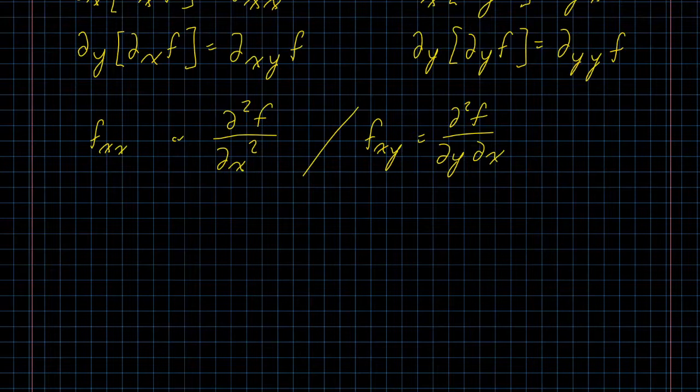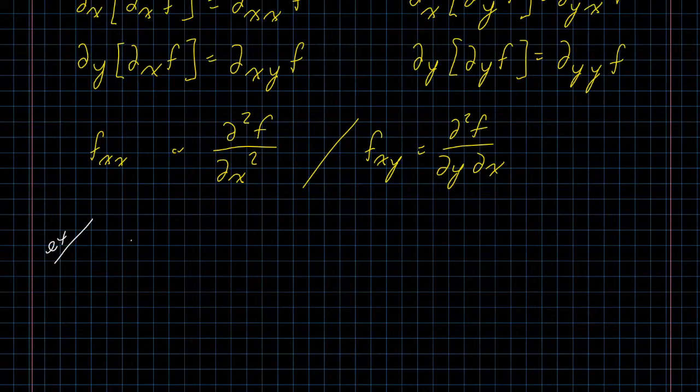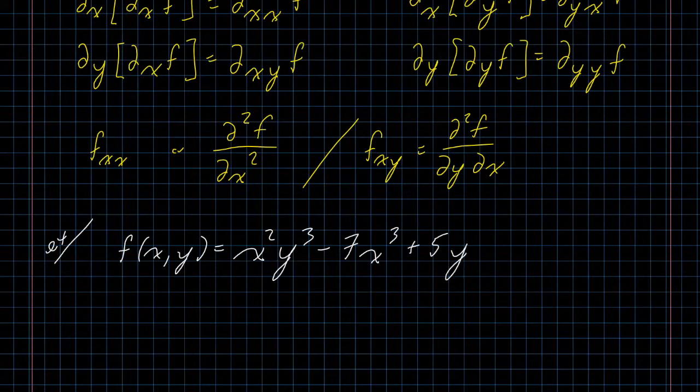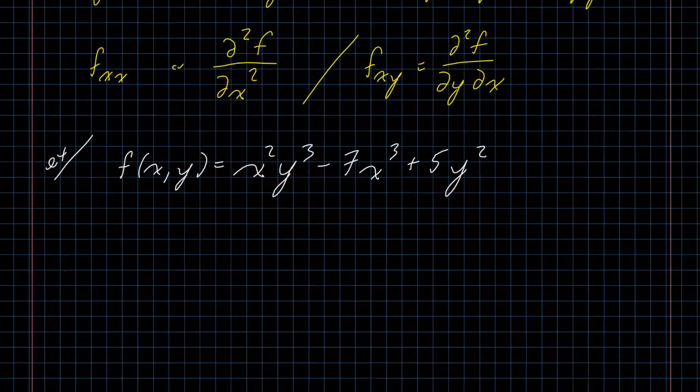But before we do that, let's take a look at a specific example. In the previous video, we looked at the polynomial, something very similar to f of x and y is equal to x squared y cubed minus 7x cubed plus 5y squared.